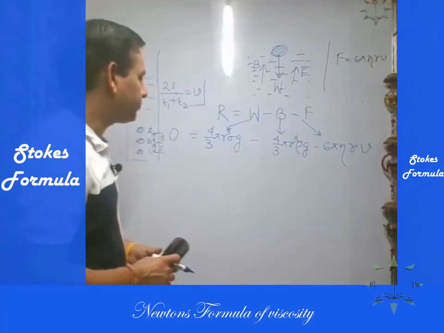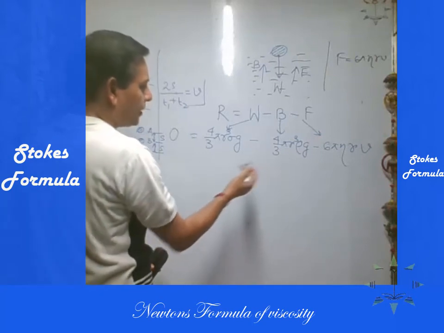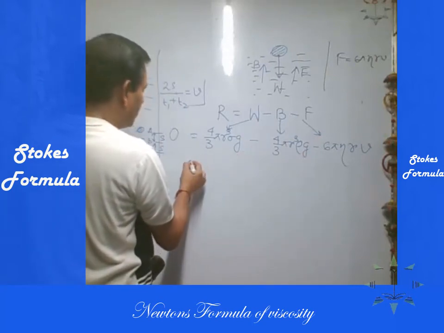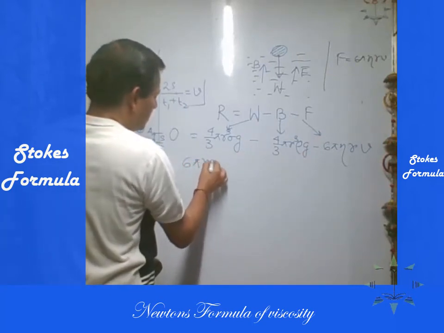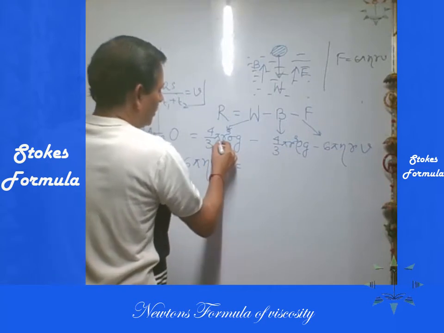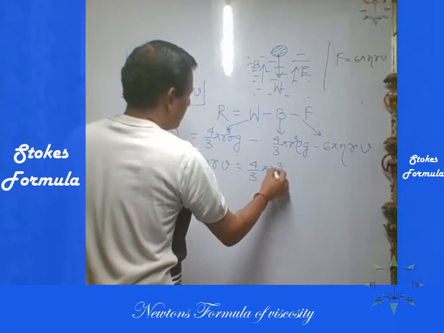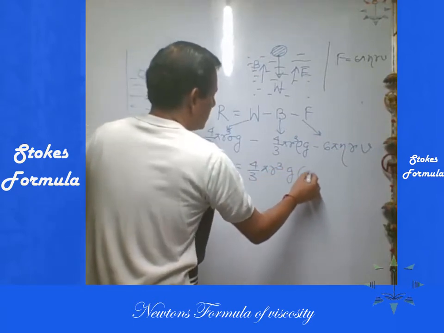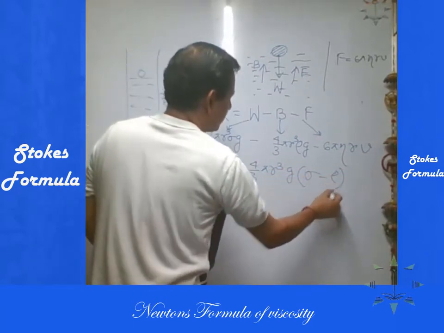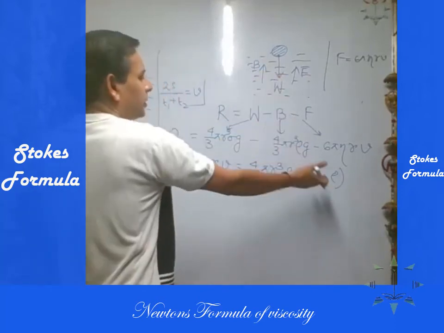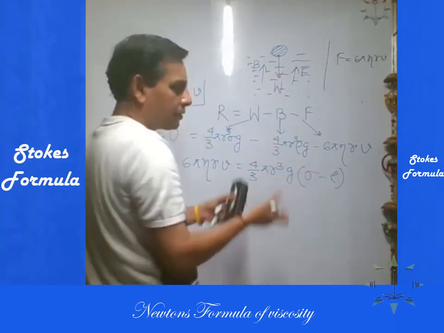Now let us simplify it. Take this one this side: 6 pi eta r v equals, what is common here? 4 by 3 pi r cube, g is common, so sigma minus rho. The density of the sphere is more than the density of the liquid, that is why it is falling.